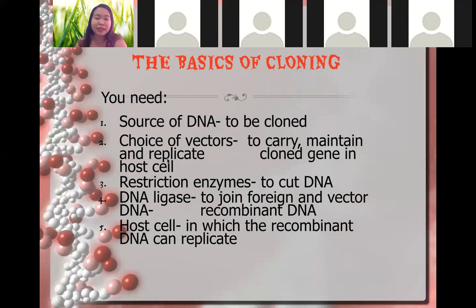Kasi mas madaling mag-replicate ang bacteria. So we also have restriction enzymes. Ito yung magka-cut ng DNA. So restriction enzymes are particularly related to the type of DNA. And we also have the DNA ligase para to join foreign and vector DNA, recombinant DNA, and the host cell in which the recombinant DNA can replicate.